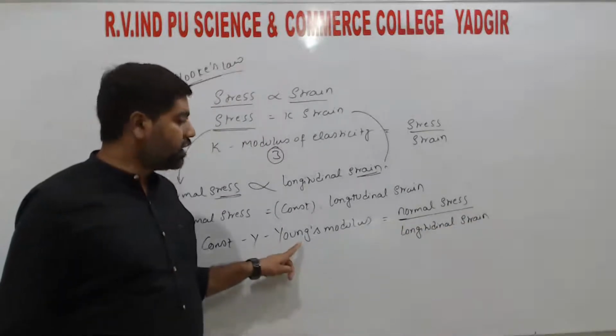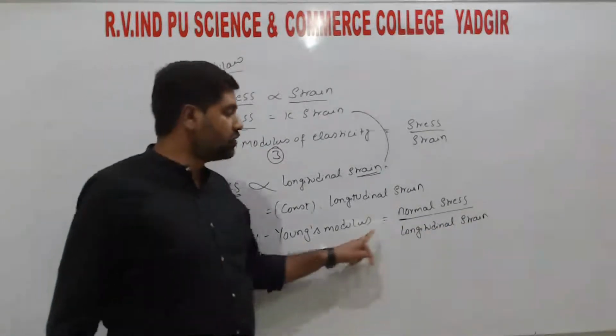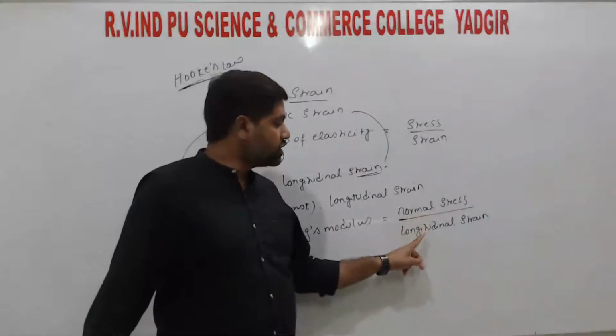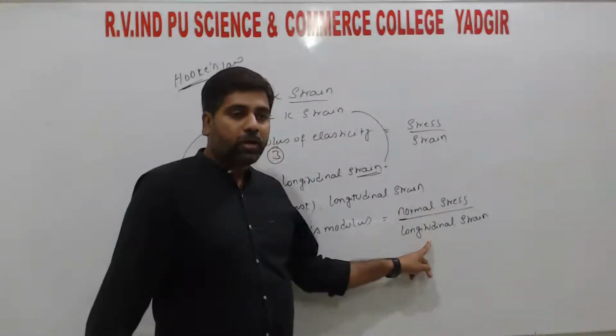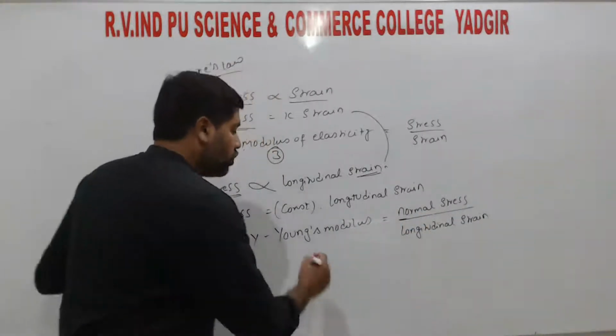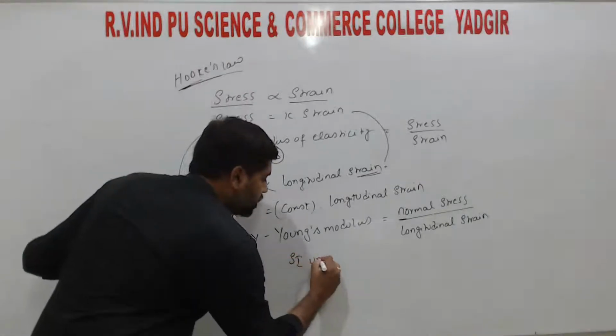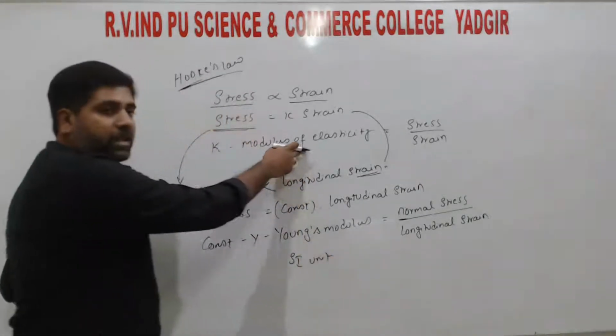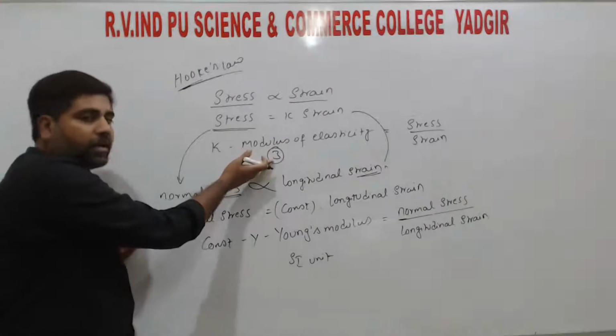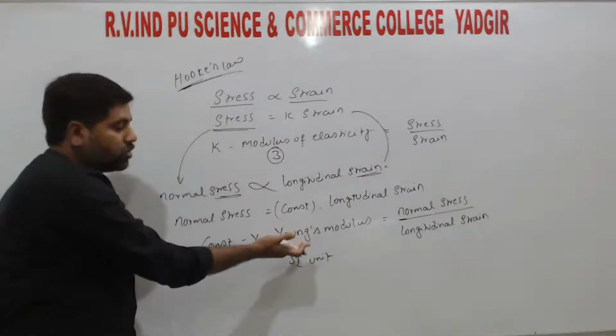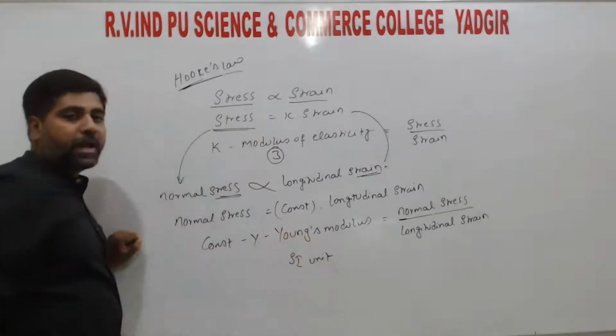So in general we can write Young's modulus Y equals the normal stress to that of the longitudinal strain, right? Its SI unit is similar to that of the modulus of elasticity. Whatever SI unit and dimensions we get there will be applicable for Young's modulus.